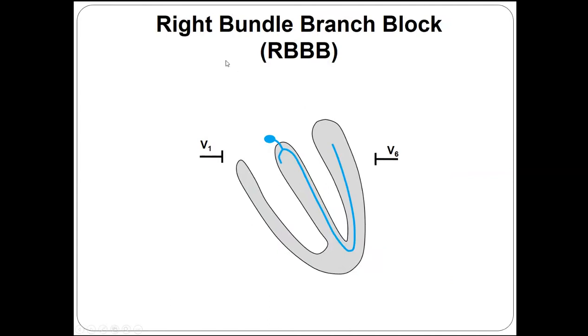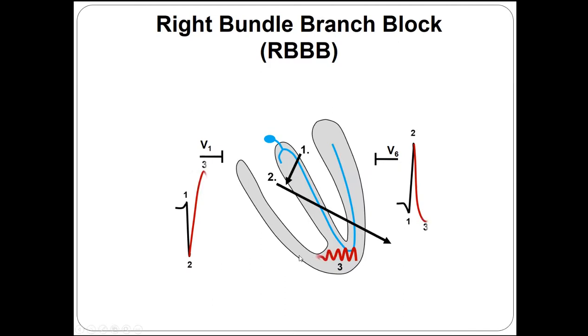Let's look at right bundle branch block. Septal activation is normal; there is no change at the beginning. Ventricle activation on the left side is also normal. However, the right ventricle can be activated only from the left side, meaning again we have an R wave in V1 because the activation goes toward V1. So this is an RSR complex.